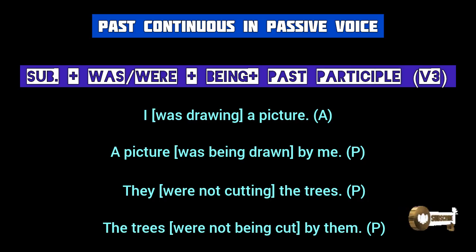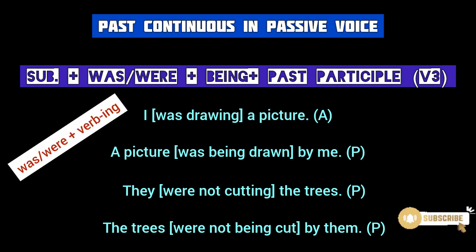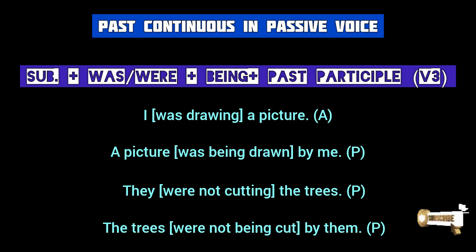In the sentence, I was drawing a picture, the verb was drawing is in the past continuous active voice. Look at the structure of the active verb here. Was plus the ing or present participle form of the principal verb. The subject I is doing something here, drawing a picture.